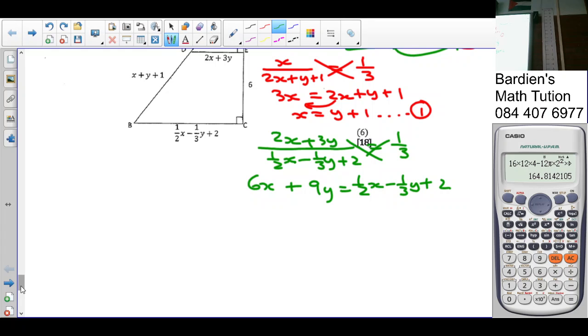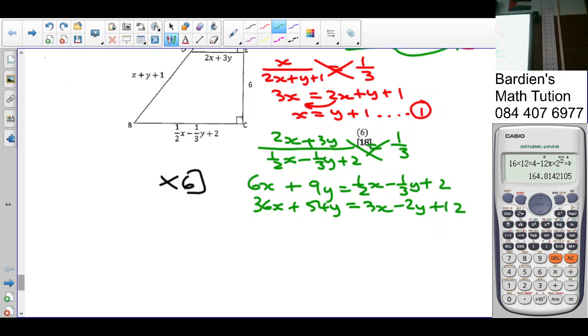Get rid of the fraction. How do I get rid of the fraction? Multiply by its LCM, which is 6. Okay? 6x times 6 is 36x. 6 times 9, 54y. A half times 6 is 3x. Negative 3 times 6, negative 2y. 6 times 2 is 12.